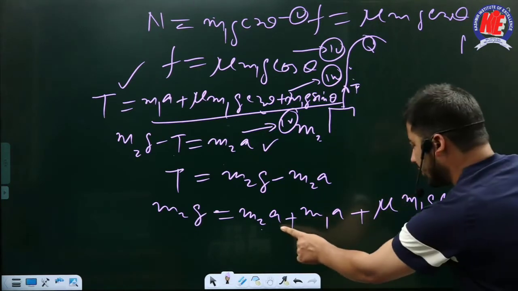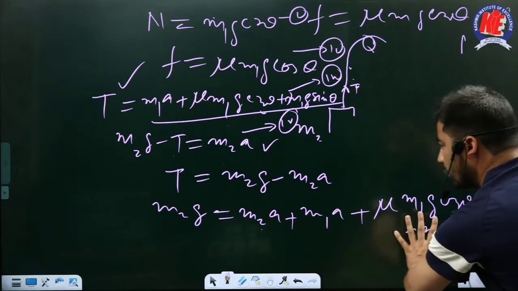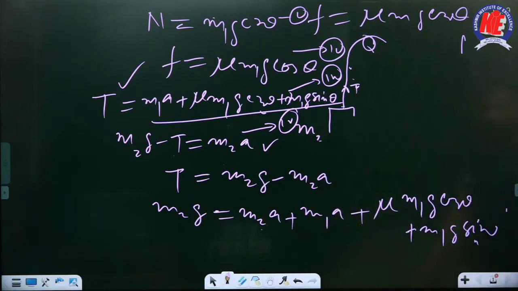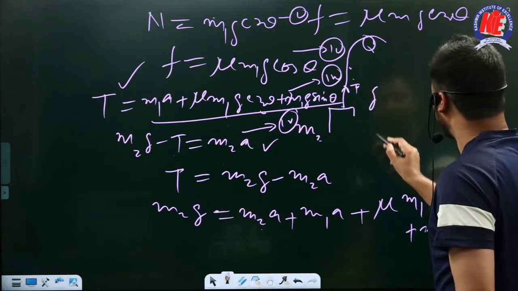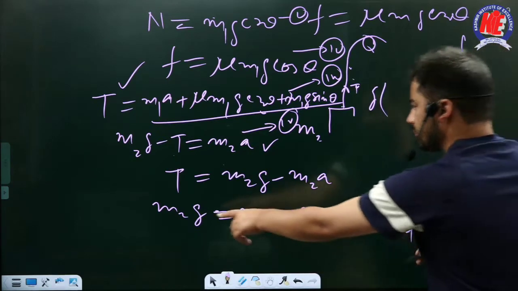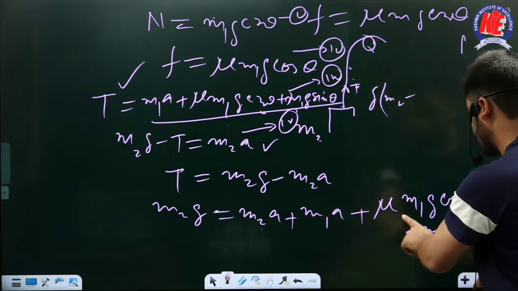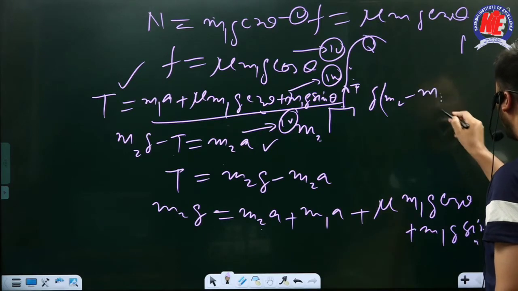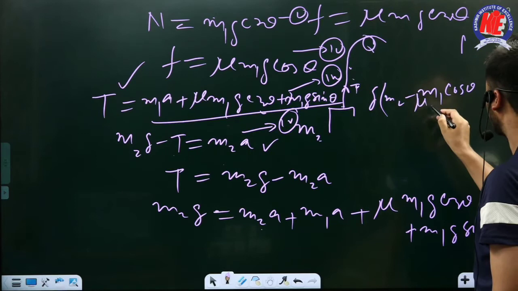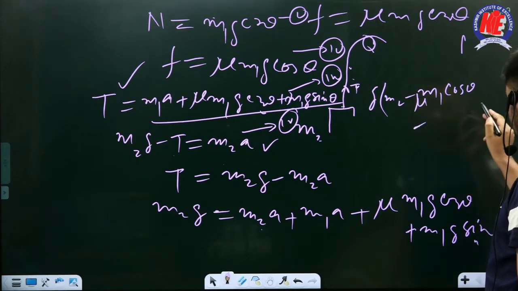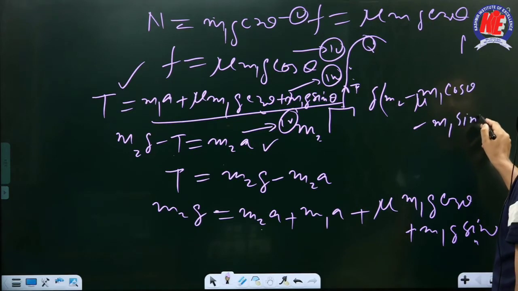I can do one thing here, a is constant, and I can put all this together. What I am getting here is g, here is g, here is g, it is everywhere common. I can write it as g into m2 minus mu m1 cos theta minus m1 sin theta.